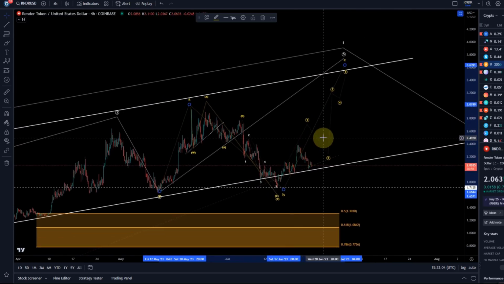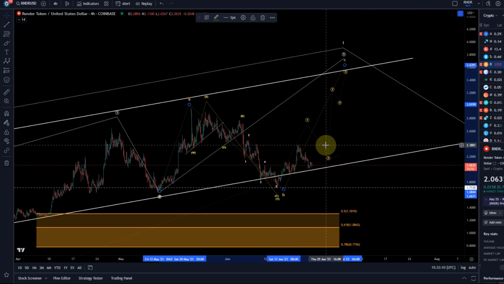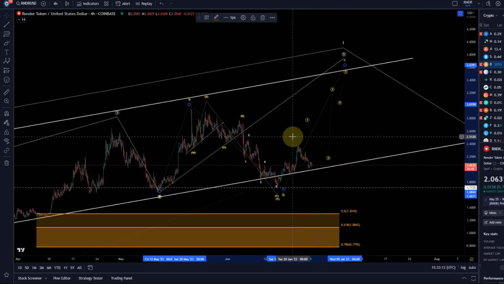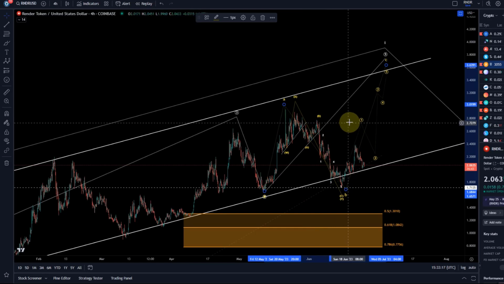I already explained in a previous video that Render likes to move in three-wave structures, ultimately making this chart less suitable for Elliott wave. We can be very clear about that. There are charts that lend themselves better to Elliott wave and some that don't lend themselves so well, at least not on certain time frames.